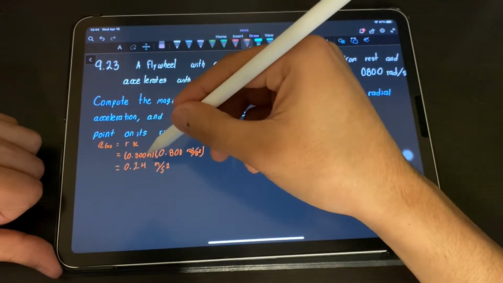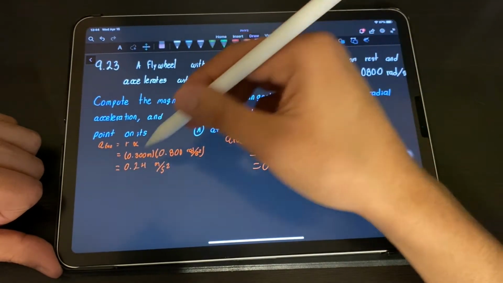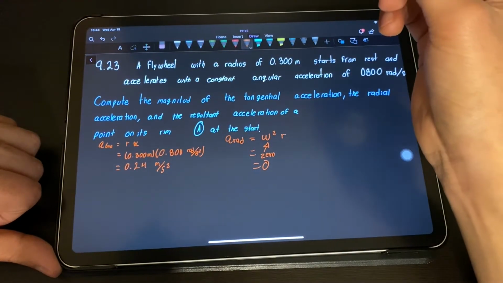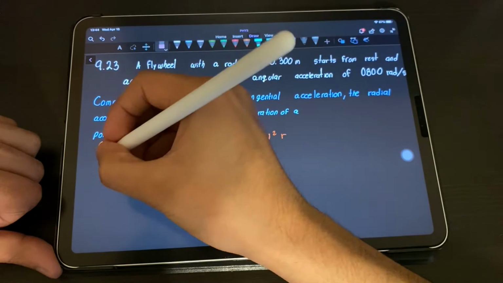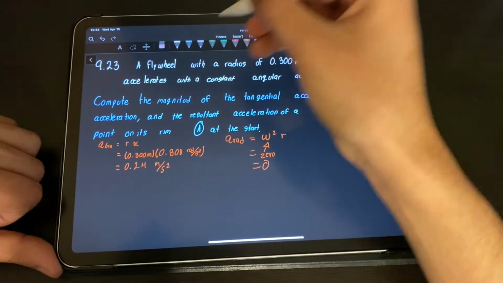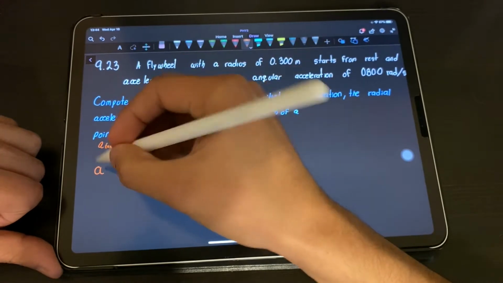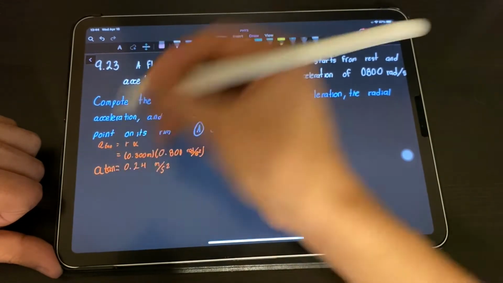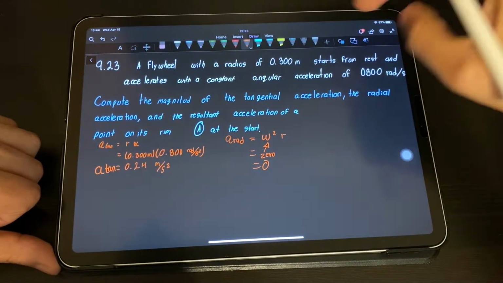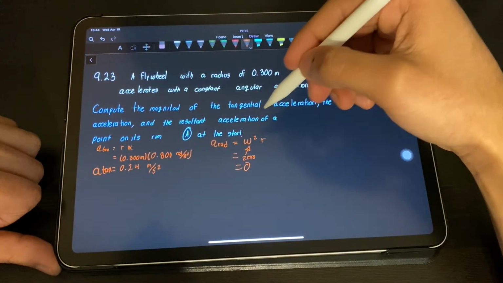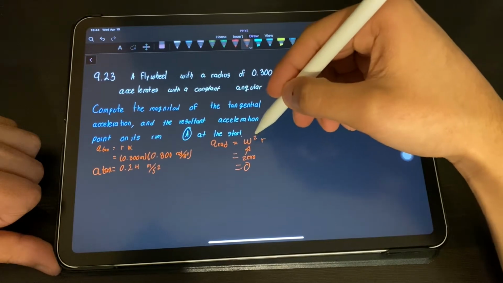So if we calculate that, we find that it's going to be 0.24 meters per second square, and that's the tangential acceleration.